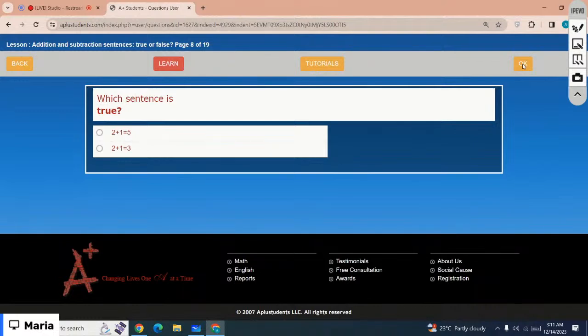Which sentence is true? 2 plus 1 equals 5, or 2 plus 1 equals 3, which is the correct option?